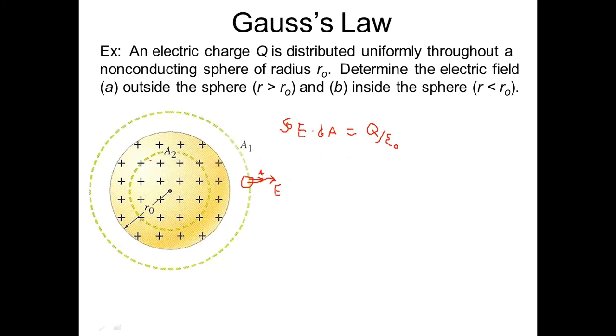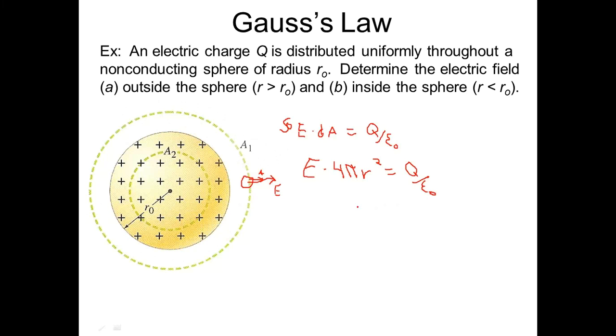Yes? Okay. And so therefore, the only thing I have to worry about is figuring out the sum of all those A vectors. Well, that's just going to be the same thing as I've been getting, right? It's going to be E times the area. In this case, the area is, again, 4 pi r squared, because this is a sphere. 4 pi r squared equals Q enclosed over epsilon naught.